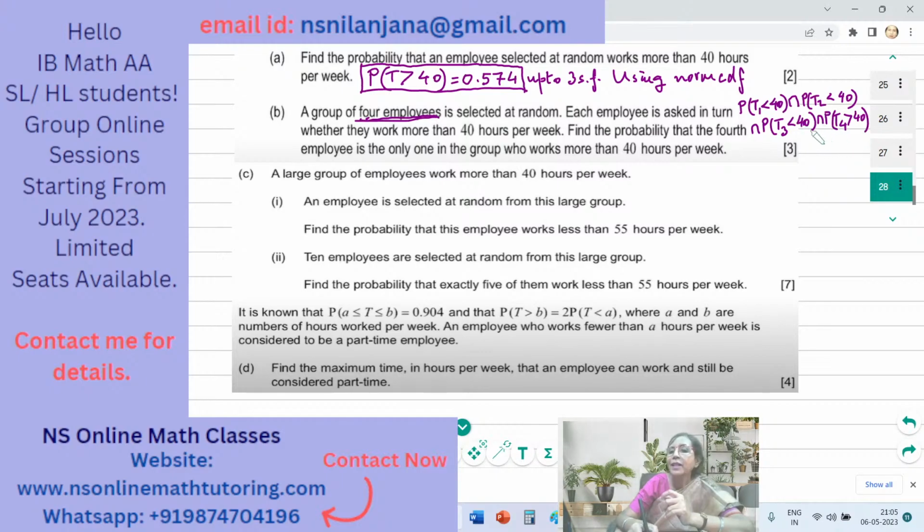And because it is and, these should get multiplied. That we know: and is multiplication, or is addition. This part we know. Okay.